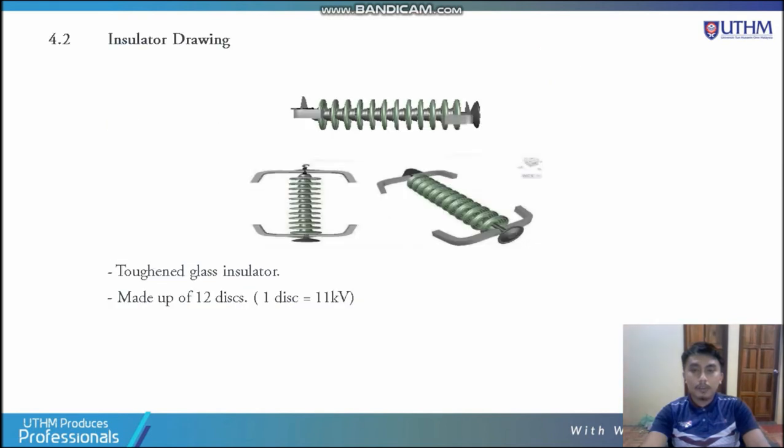Okay, next we go to insulator drawing. This is our design of the insulator. It uses the toughened glass material made up of 12 discs. One disc equal to 11 kV.